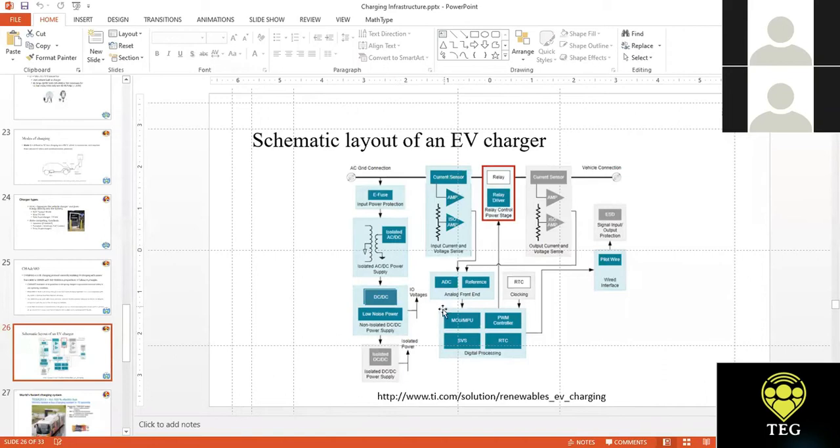And then it has control circuitry to control the AC to DC and DC to DC converters, and the control is based on the feedback that we get from the battery. And then we have all the other associated peripherals which any DSP microprocessor would have, like ADCs and so on, to allow the microprocessor to understand the input that is coming. Whatever output you give, you will have to convert into analog signals if required, and you would have various sensors.